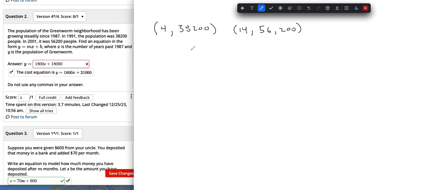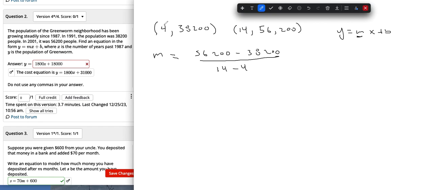Okay, so with those, we'll find our slope, and we're trying to get to y equals mx plus b. The first thing we're going to do is find our slope, and then once we have this piece, we'll use the slope and one of these 2 points to find the y-intercept. So for slope, we'd have 56,200 minus 38,200 over 14 minus 4.